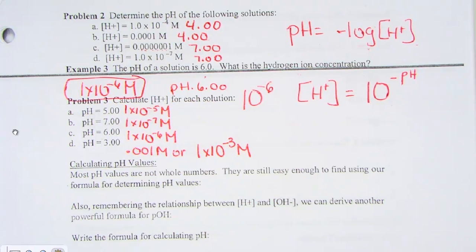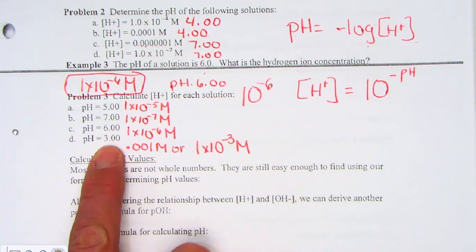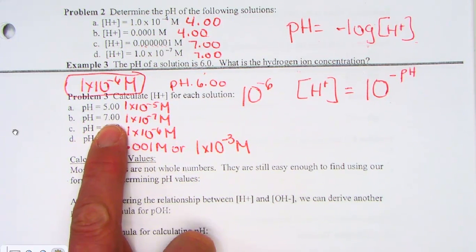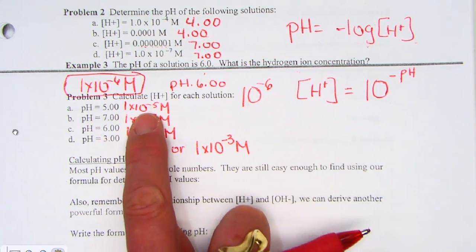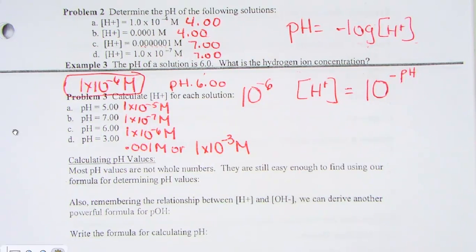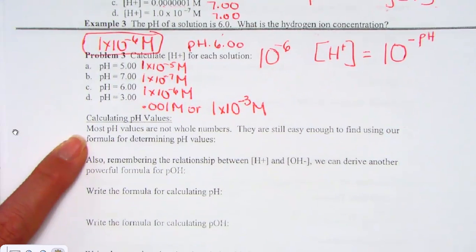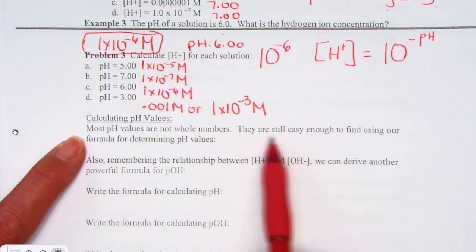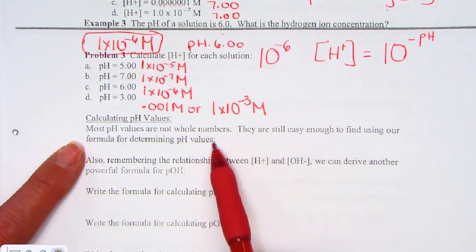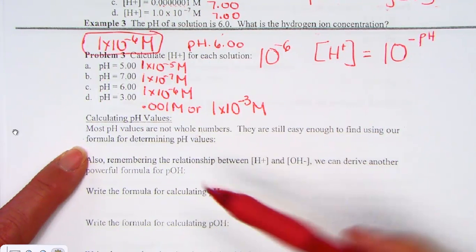Now, everything we've done so far has come from a whole number where the decimals have been 0.00s, or the base powers always come from a factor of 1 times 10 to the, but that's not always the case. Sometimes pH values are not whole numbers. It doesn't change a bit of the math. They're still easy enough to find using our formula for pH.